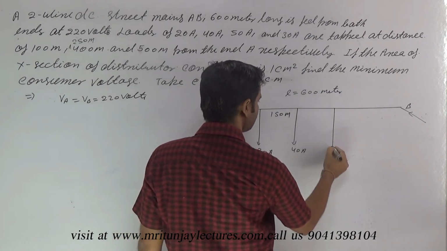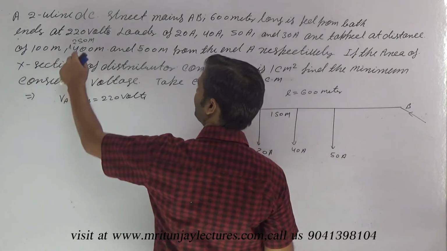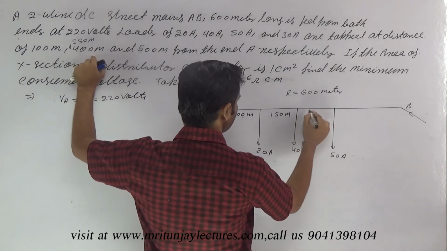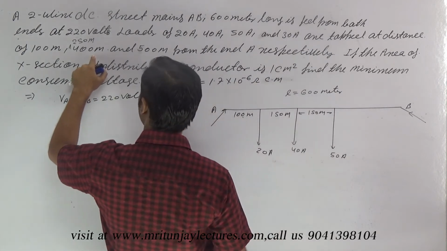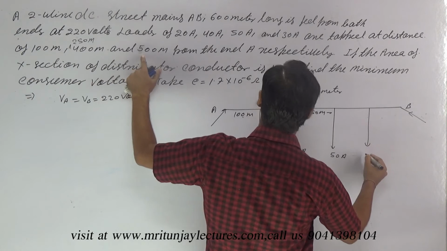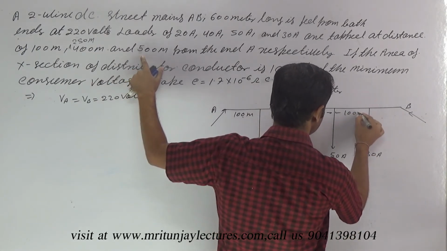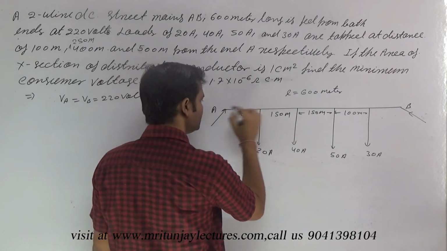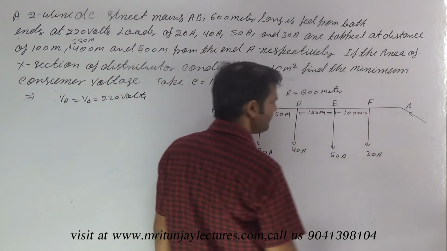Next is 50 ampere, at distance 400, which is again 150 meter between the two. And next one at 500, with current 30 ampere, which means 100 meter distance between both. Consider these points as C, D, E and F.